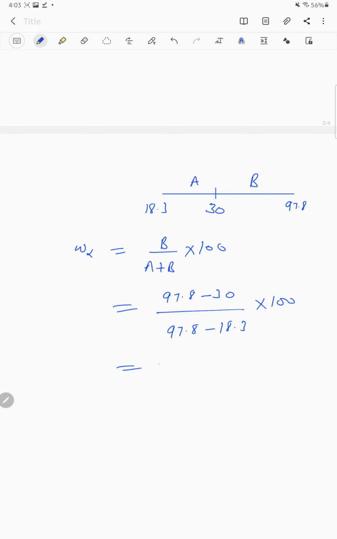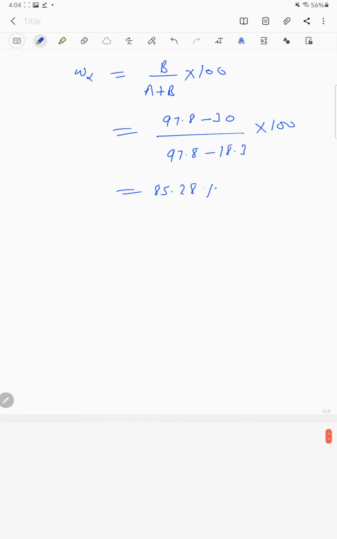So that will be 85.28%. And for beta we can calculate A divided by A plus B times 100, or 100 minus W alpha, and that will come to 14.71%.